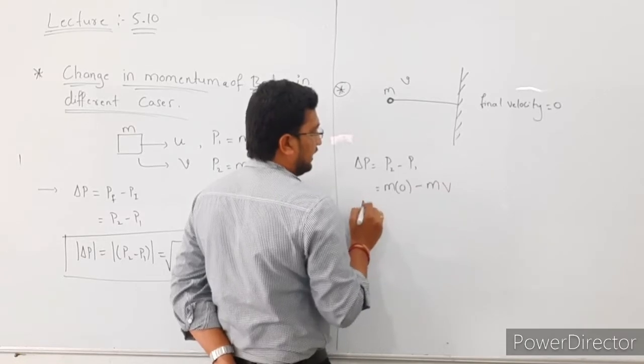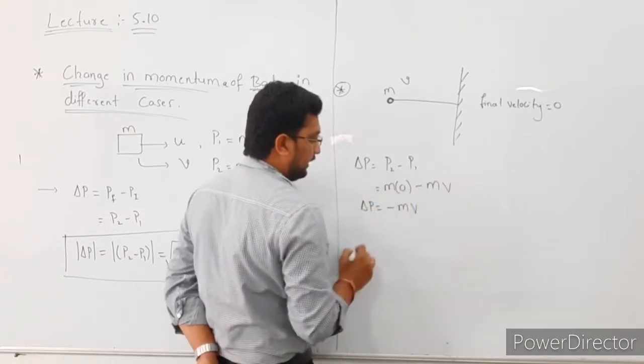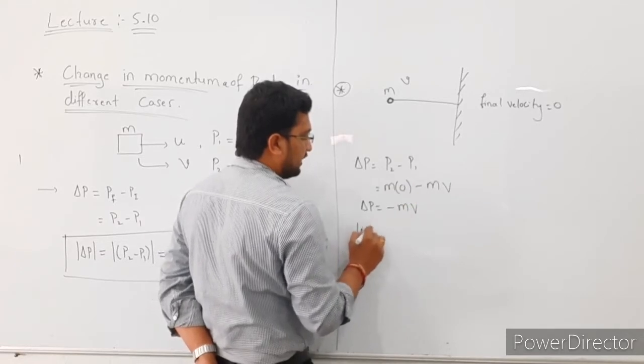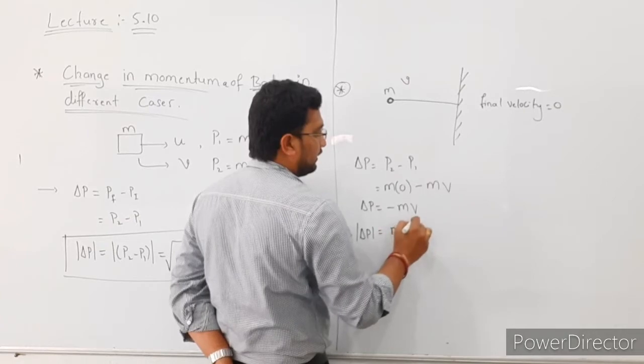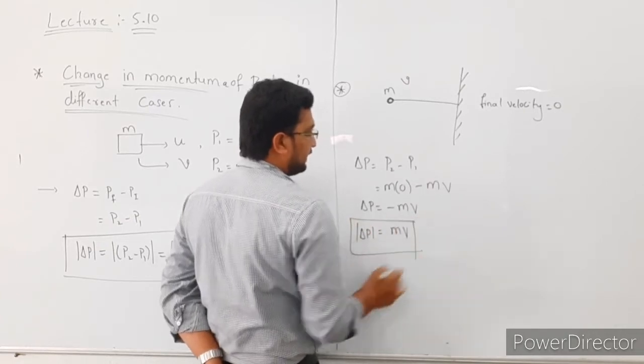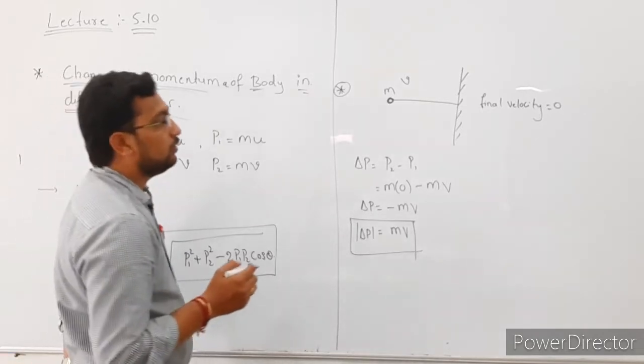So the change in momentum is equal to minus m into v. Then the magnitude of change in momentum is equal to m into v, right?